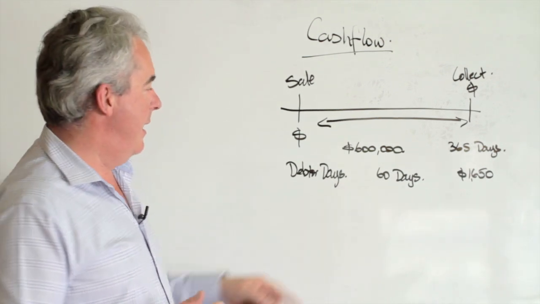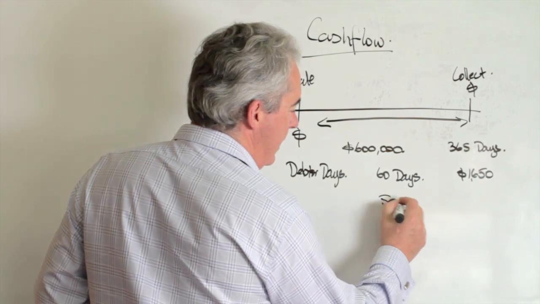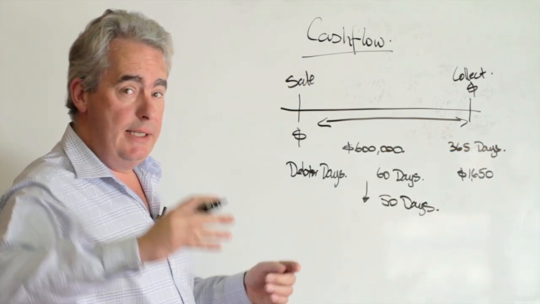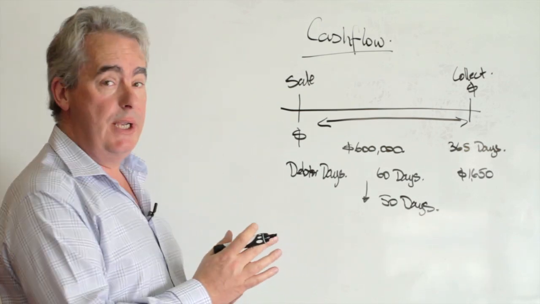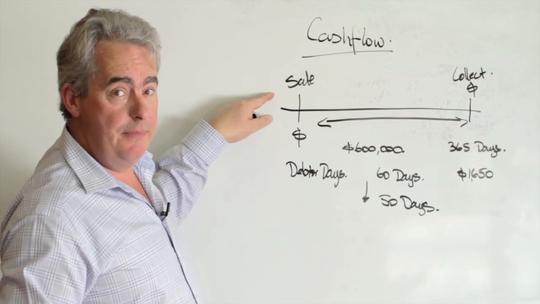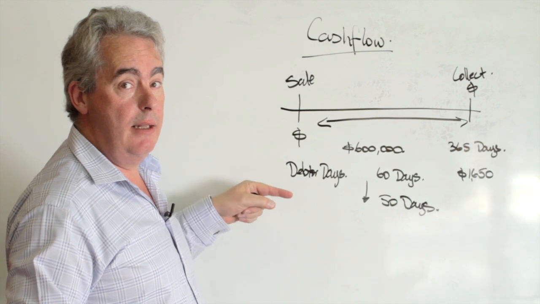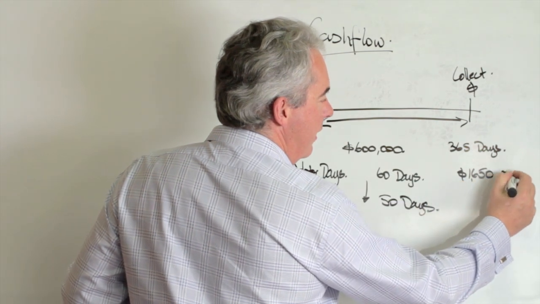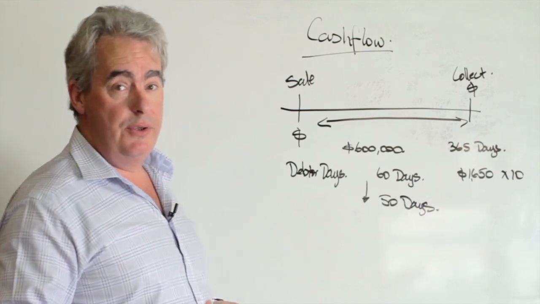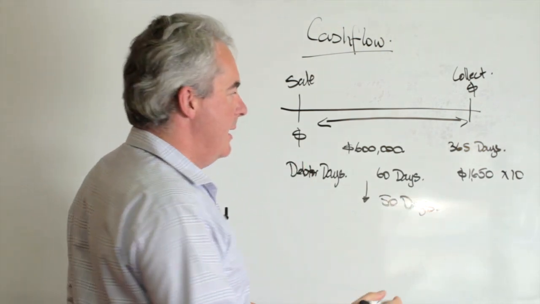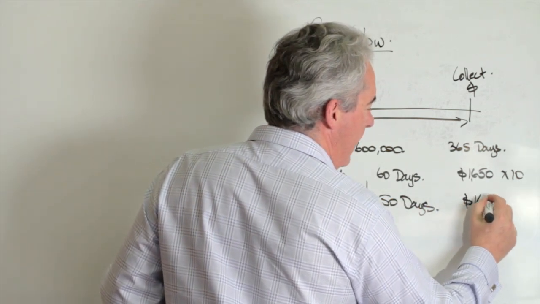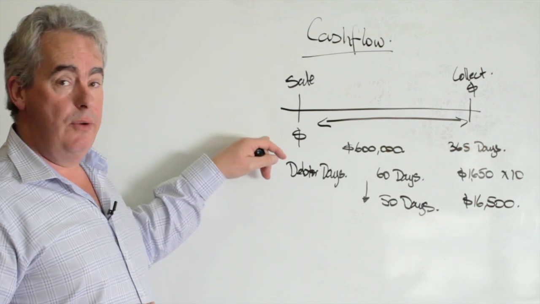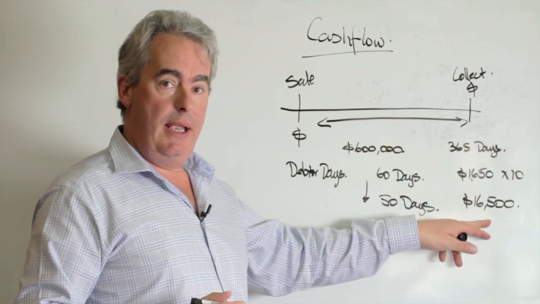If we could get their debtors days by better collection techniques down to 50 days, so they collect the money faster, it makes no difference on their sales. Absolutely none, because they've still made the sale. What it does to their cash flow, however, by bringing that in, we get the benefit of that $1,650 every day for another 10 days. So that effectively improves our cash flow by $16,500. No effect on profit. Big effect on our bank account.